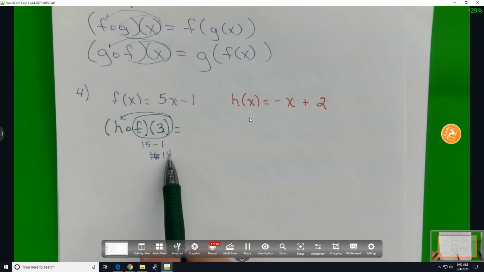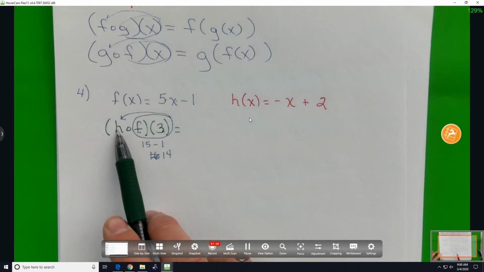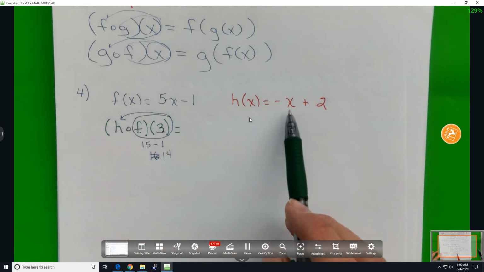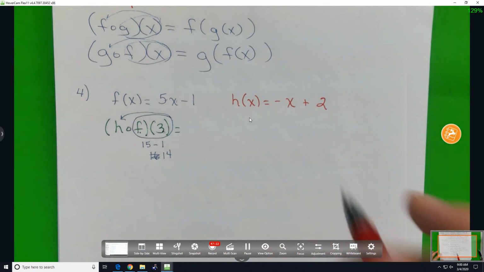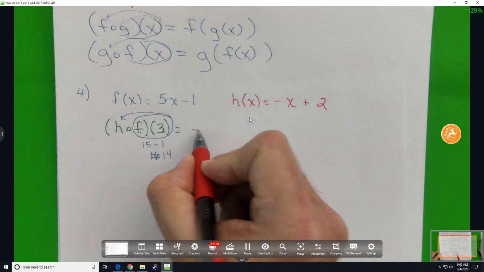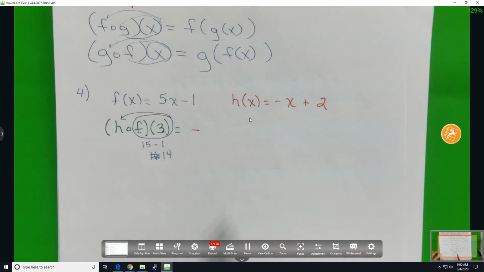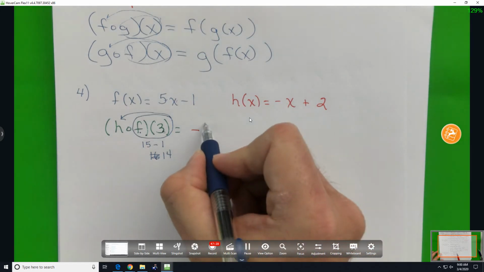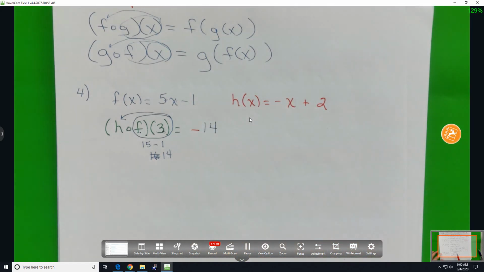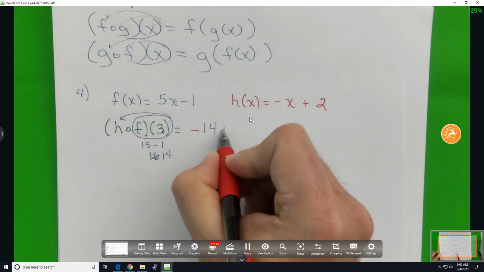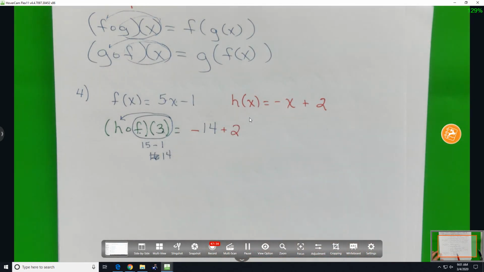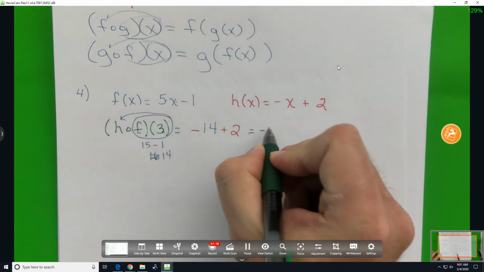Now plug that into h. So over here is h. We have a negative, and in place of this red x, I'm putting that 14, plus 2. Negative 14 plus 2, is that going to be negative 12?